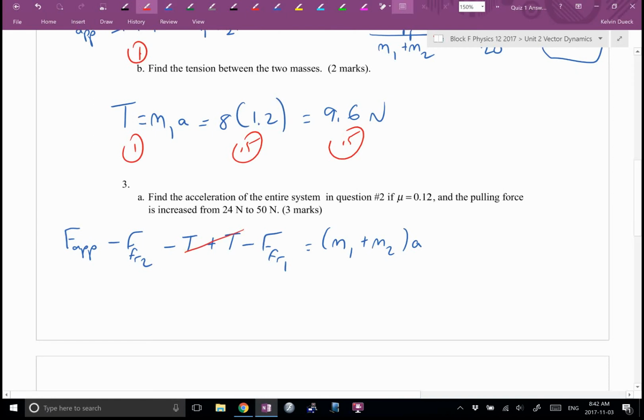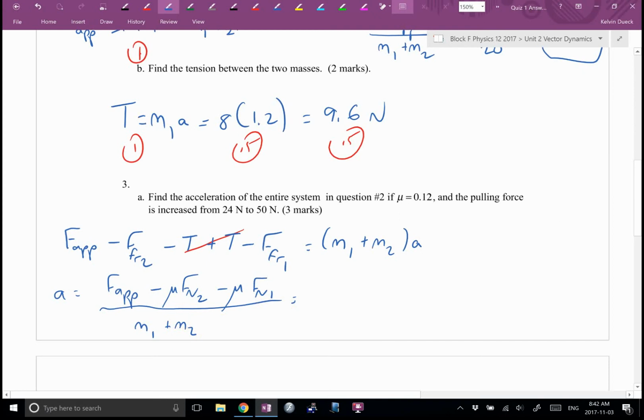Tension still cancels. I'm going to get A equals F applied minus friction 2. You know what? Friction 2 is what times what? It's going to be mu times normal force number 2 minus mu times normal force number 1 all over M1 plus M2.